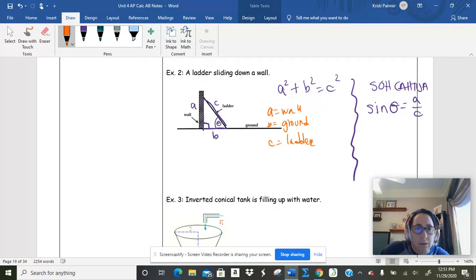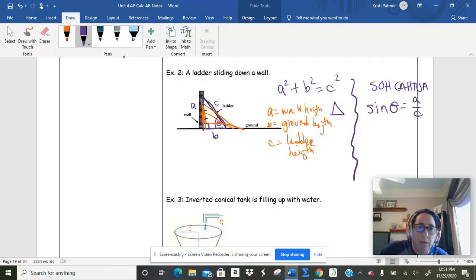And as that ladder is falling down, the wall height is getting lower as that ladder is sliding down, so that is changing.